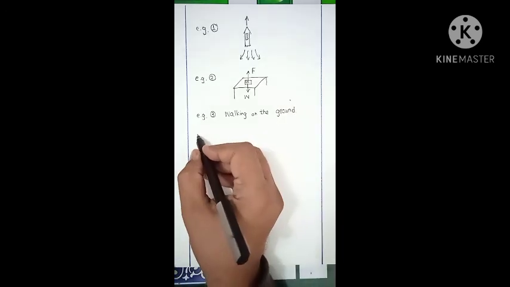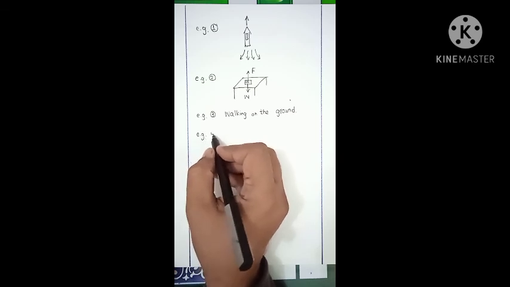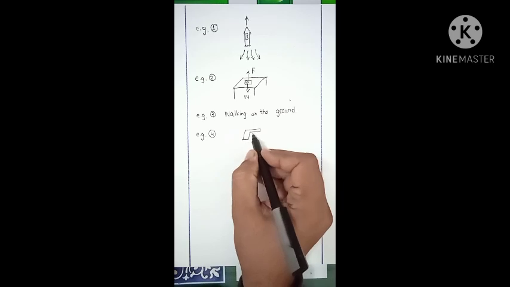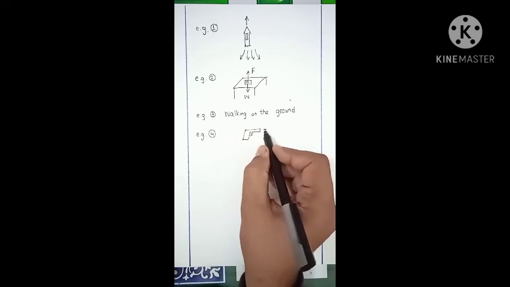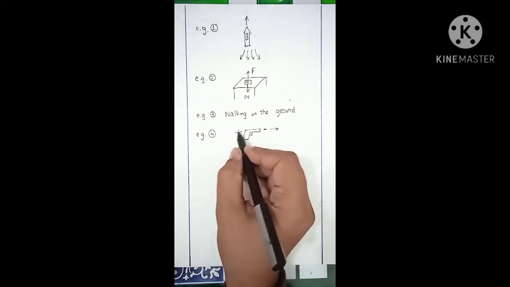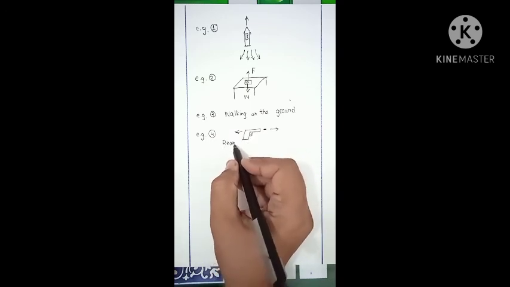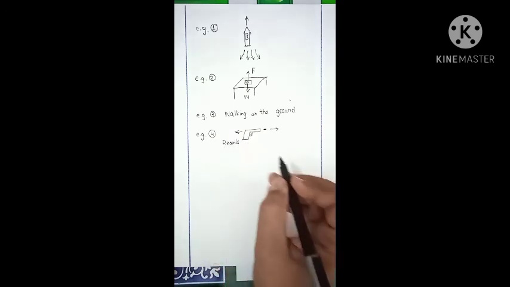So many other examples can be taken. A bullet fired from a gun: the bullet moves in the forward direction, whereas the gun recoils in the backward direction.